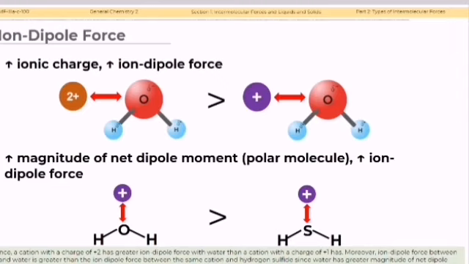For instance, a cation with a charge of positive 2 has a greater ion-dipole force with water than a cation with a charge of positive 1 has. Moreover, ion-dipole force between a cation and water is greater than the ion-dipole force between the same cation and hydrogen sulfide, since water has a greater magnitude of net dipole moment than hydrogen sulfide.